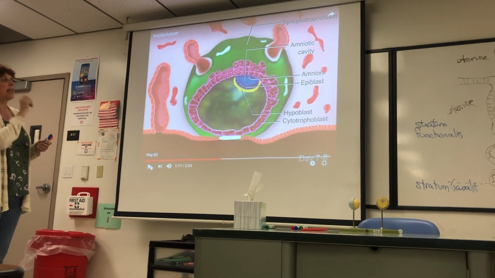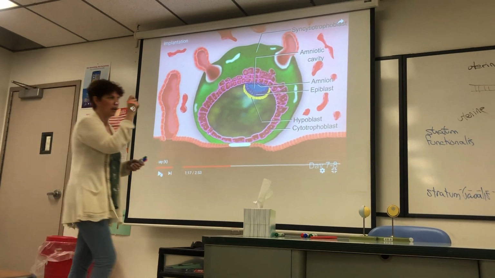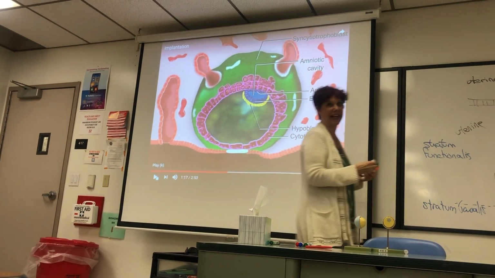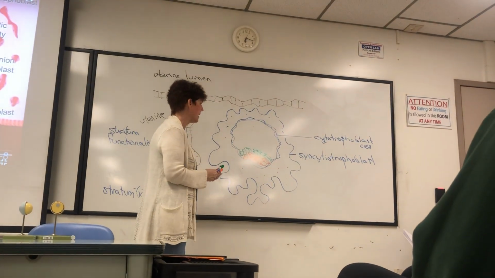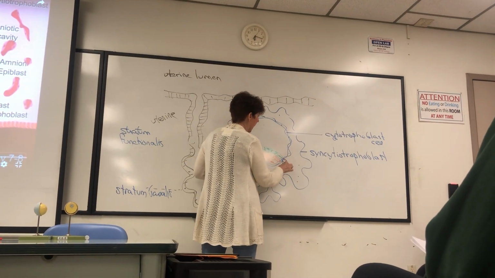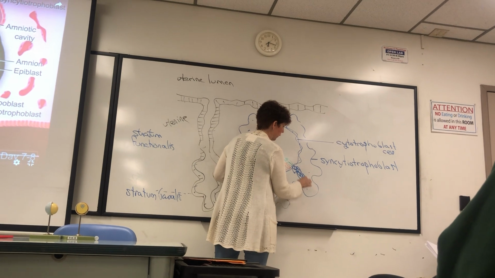So now the cytotrophoblasts start to multiply, and they create columns of cytotrophoblasts that move down into the syncytial trophoblast.